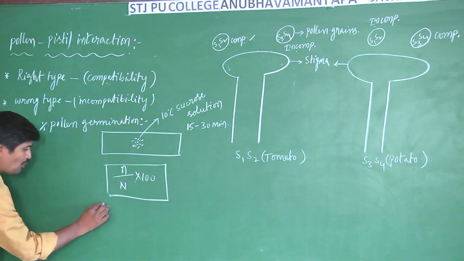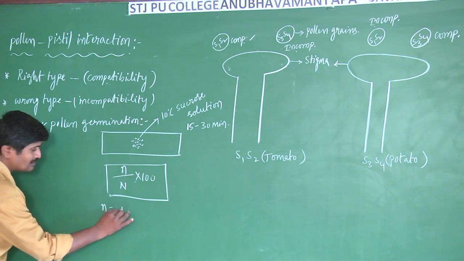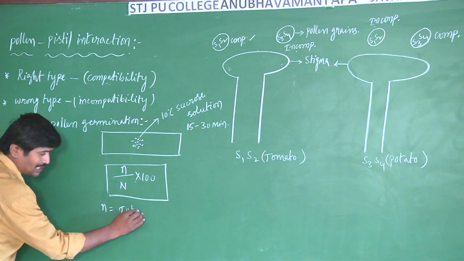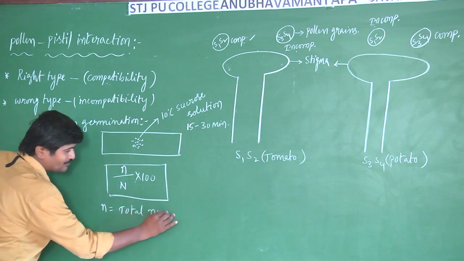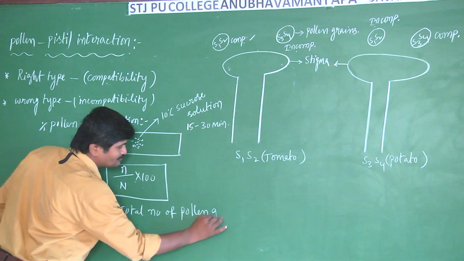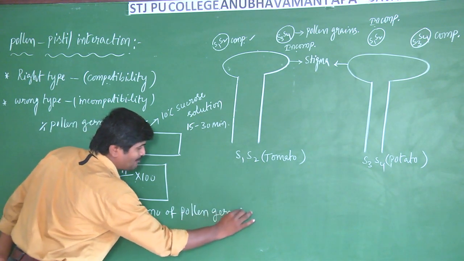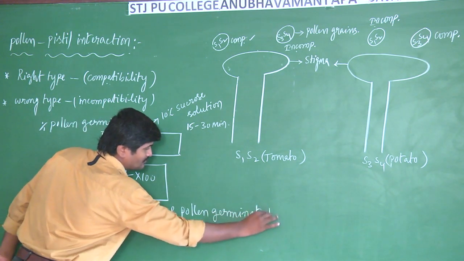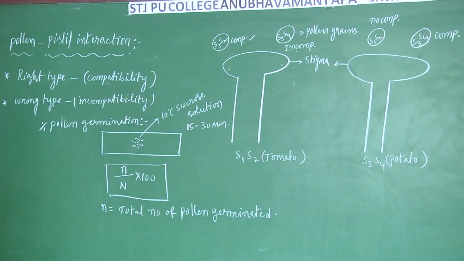What is small n? The total number of pollen germinated.